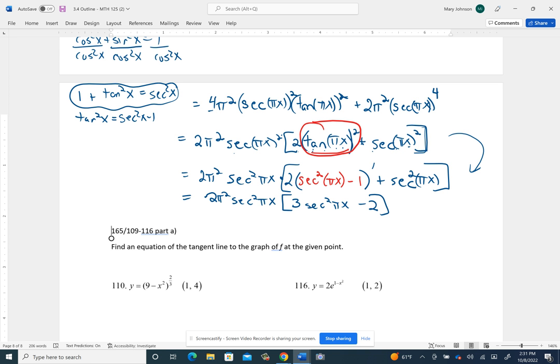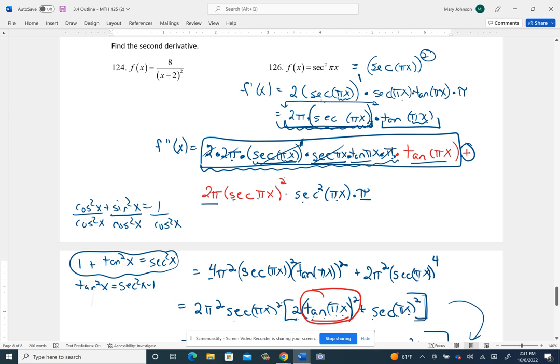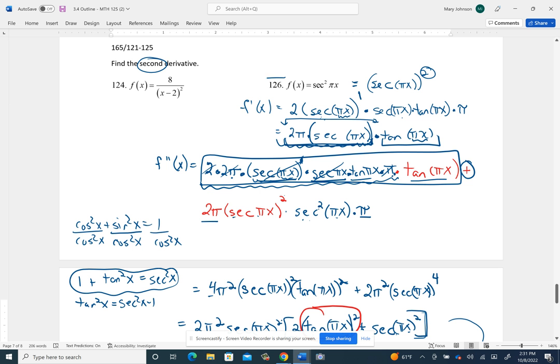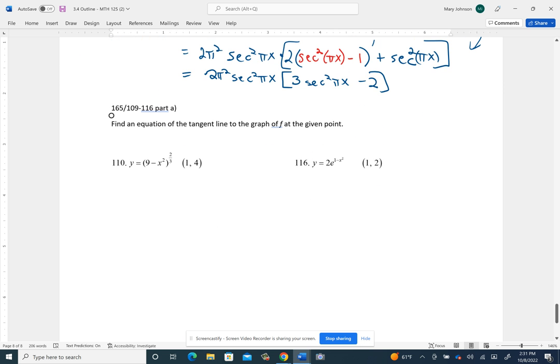I may look at it again and see if I can figure out another trick to clean it up a little bit. But I just wanted to get in there and work a little bit with the second derivatives. I can't give you one quite that messy when it comes time for the test. It would be more than you could really handle in the time allowed.